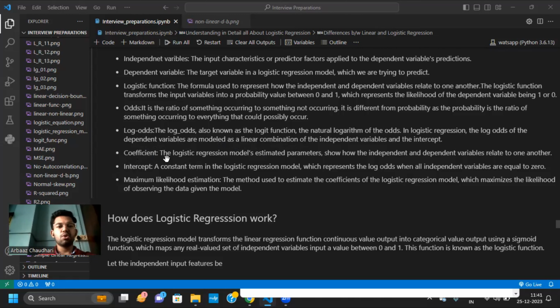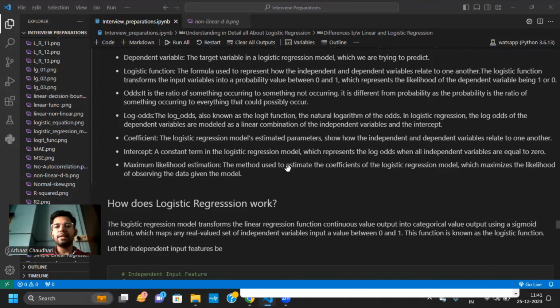Next is coefficient. Coefficients are the logistic regression model's estimated parameters. They show how the independent variables and the dependent variable relate to one another. As we are trying to find the relationship between the independent and dependent variables, there are weights which tell us the relationship between both the variables.